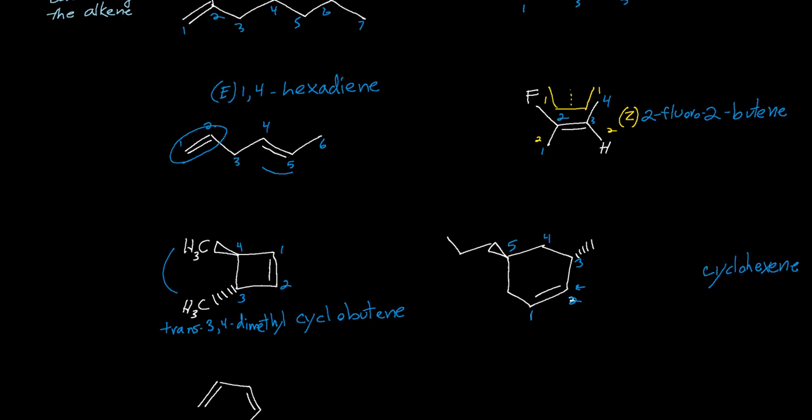So this is a 3-methyl, 5-n-propyl, normal propyl, that's what the n is, cyclohexene, and it's trans. So that's the full name. Trans-3-methyl-5-n-propylcyclohexene.